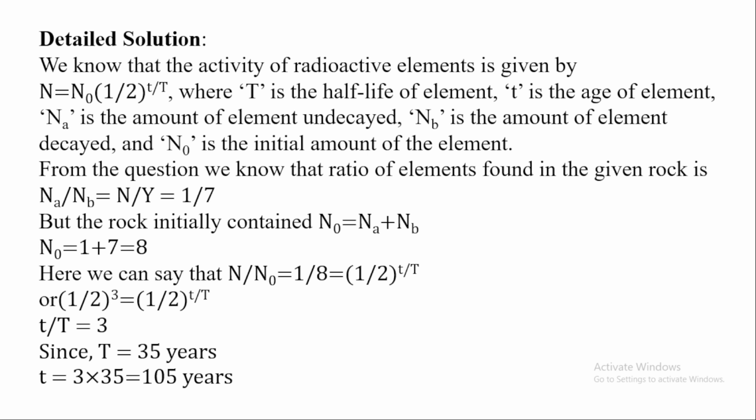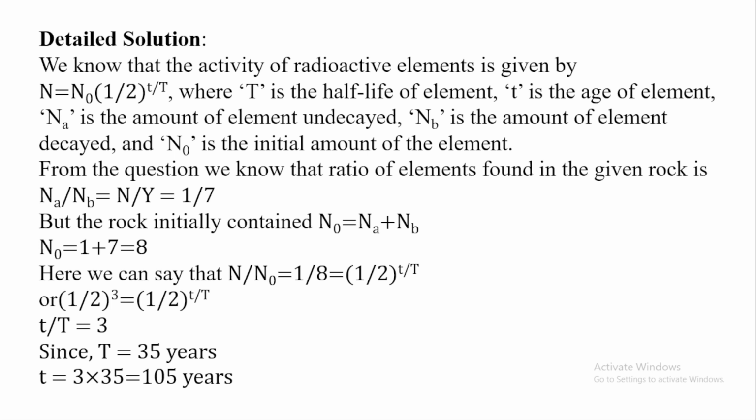So small t divided by capital T, that is age of the element divided by its half life, is equal to 3.